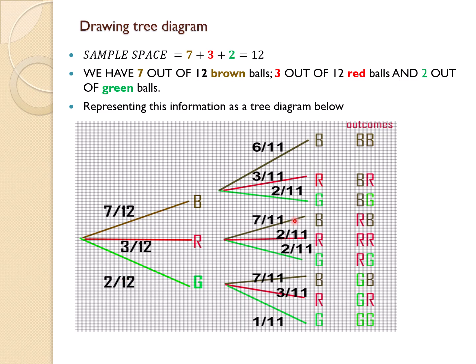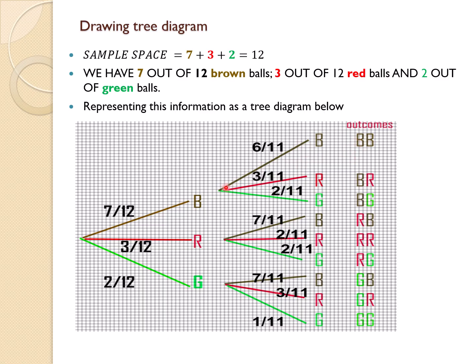And brown I haven't selected, so I'm still left with 7, but out of 11 balls because we have 1 red ball less. Same thing here, when I select green first, the green will become 1 if I select green again. I have 1 out of 11. The brown and the red I haven't selected, so I'm still left with 7 and 3. So there's 7 over 11, 3 over 11.